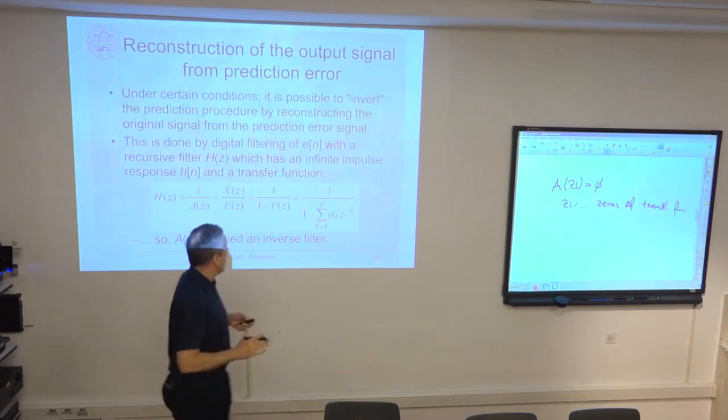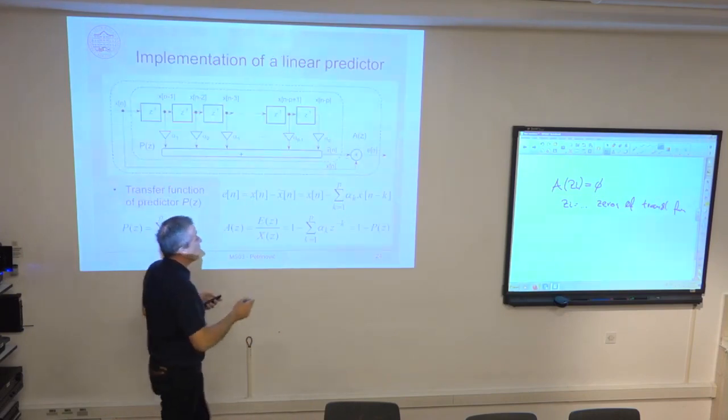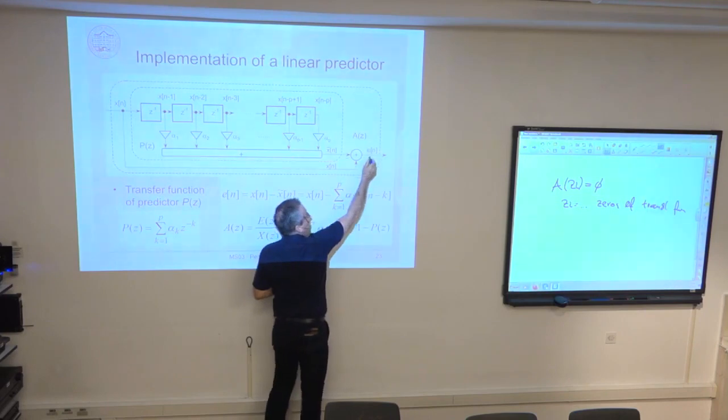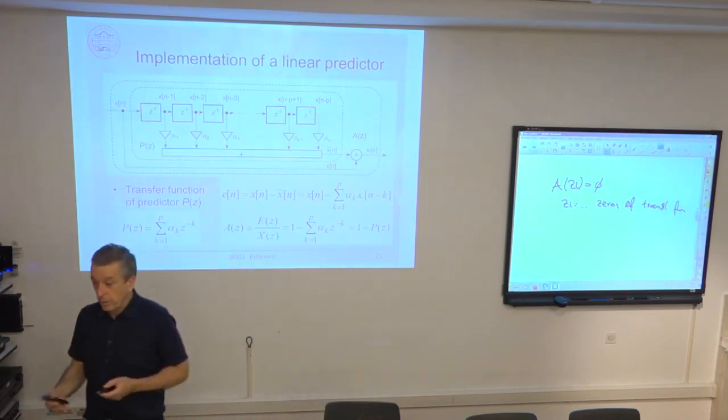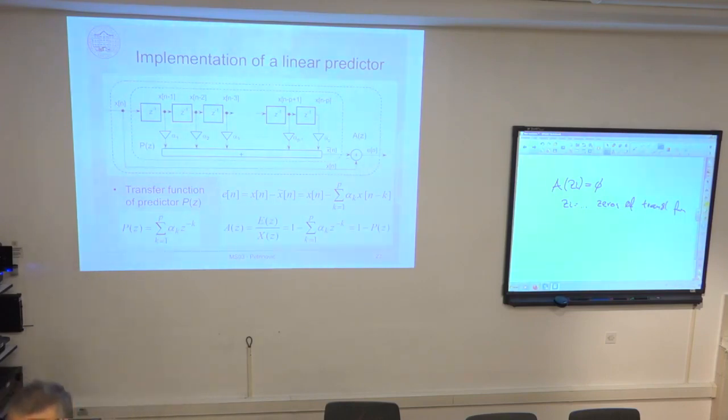And once something becomes 0 here, the question is, how can we reconstruct something from 0? Obviously, you would have to multiply it with infinity, to have infinite gain in order to take this 0 to some finite value.